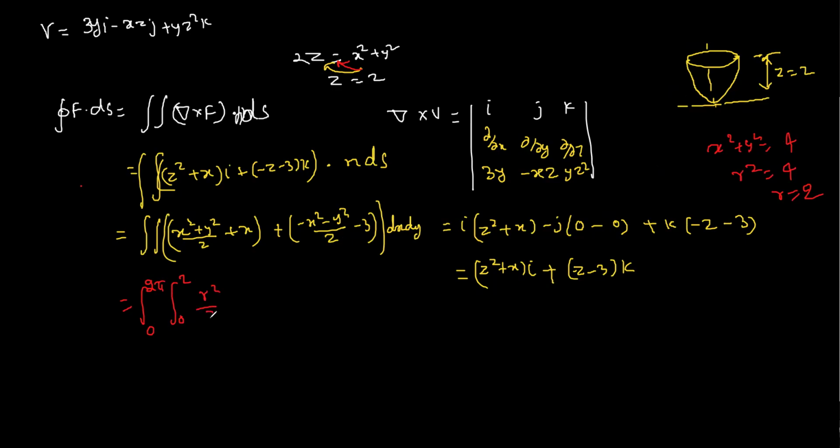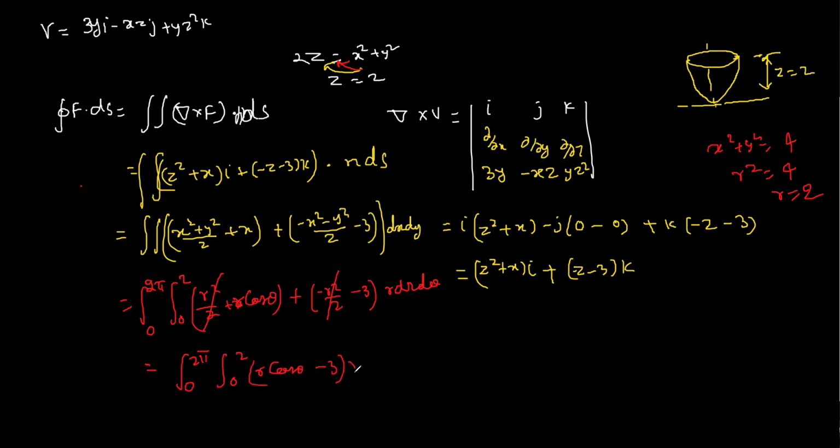This is r square by 2 times r cos theta, plus minus r square by 2 minus 3, r dr d theta. You can observe that when you open the bracket, this part will cancel, leaving r cos theta minus 3r dr d theta. Right?